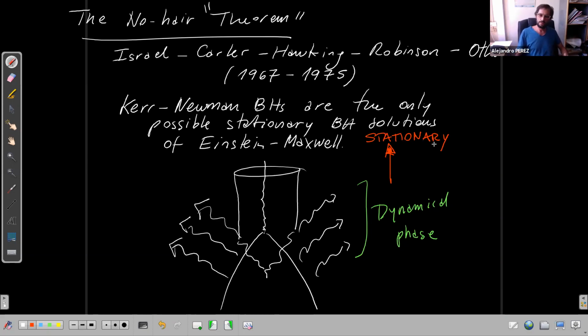And this would be a stationary black hole, and the no-go theorem and the no-hair theorem tell us that that final situation will be completely described by the solution that we're going to analyze next. So that makes the following solution, which is a three-parameter family of solutions of Einstein-Maxwell theory, extremely important physically because it describes the end result of gravitational collapse.